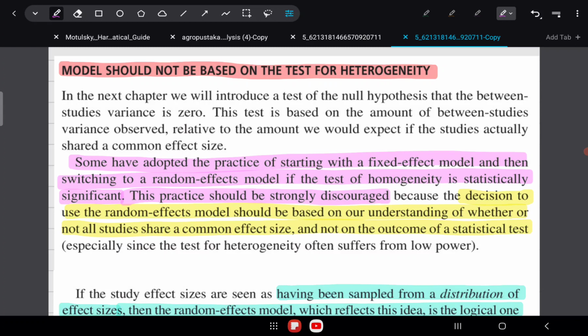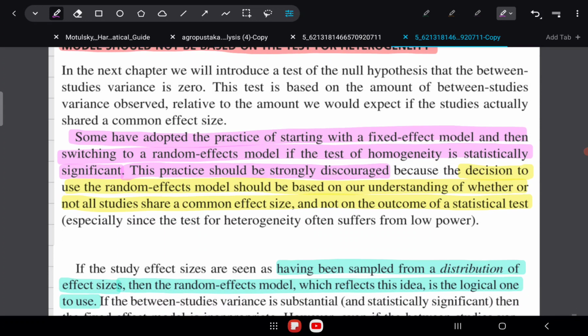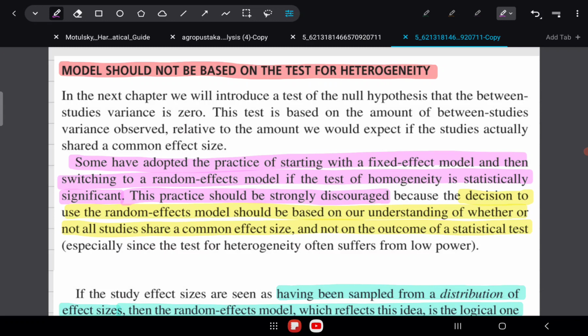Another point to remember is that if you are doing fixed or random effect modeling, you should not look at a test of heterogeneity. People sometimes first go for a test of heterogeneity and then decide whether they should go for fixed or random effect modeling. Now that is a problematic approach. The decision to perform a fixed or random effect modeling, as I've already told you, should be based on your expectations about the distribution of the effect size as well as your goal of the study.